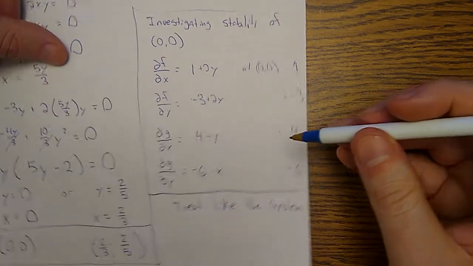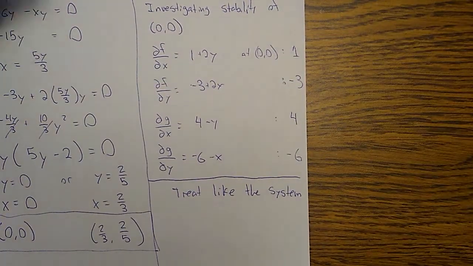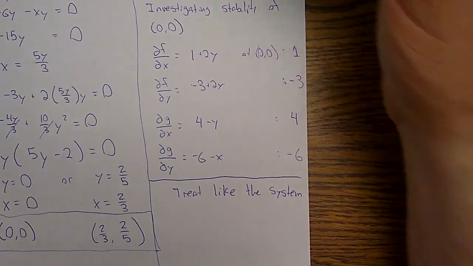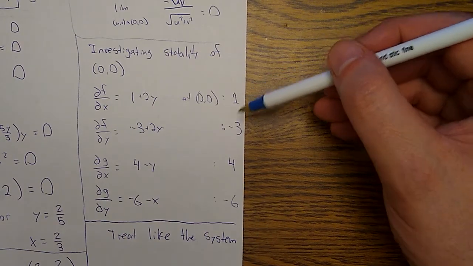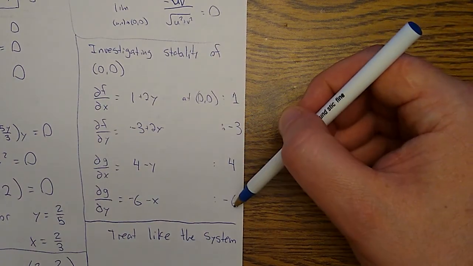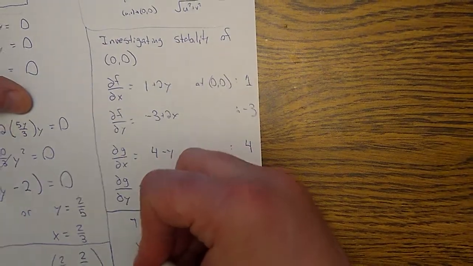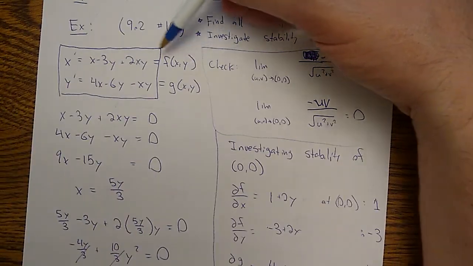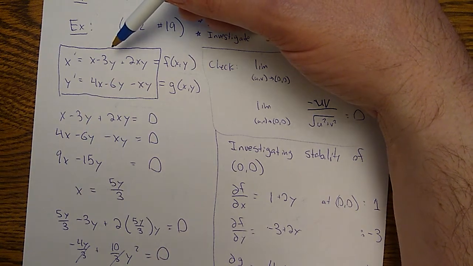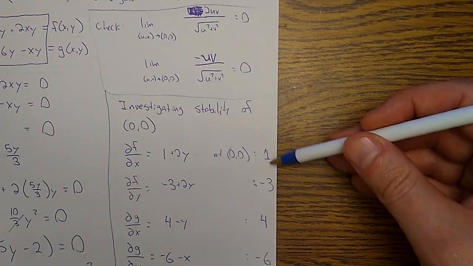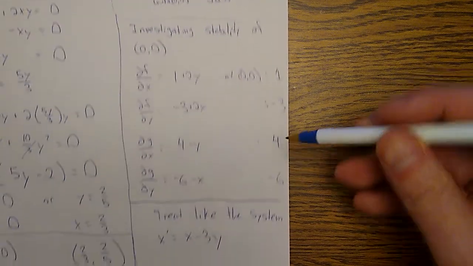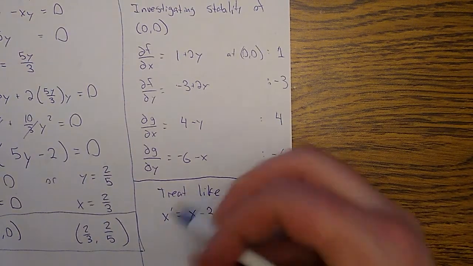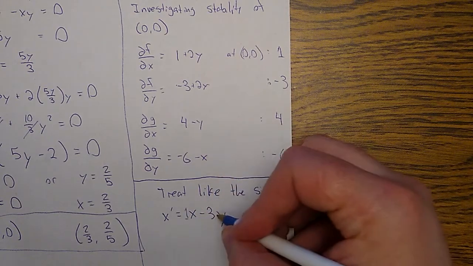So, roughly speaking, I'm going to treat it like the following system. These are going to tell me the coefficients for f. When I did the partial with respect to x, I got 1. When I did the partial with respect to y, I got -3. So that gives me these coefficients, the 1 and the -3.